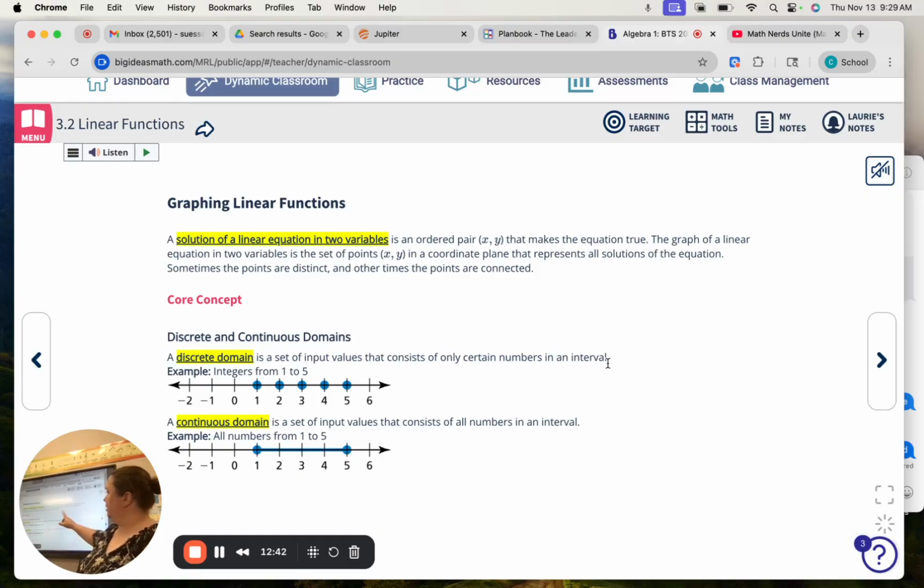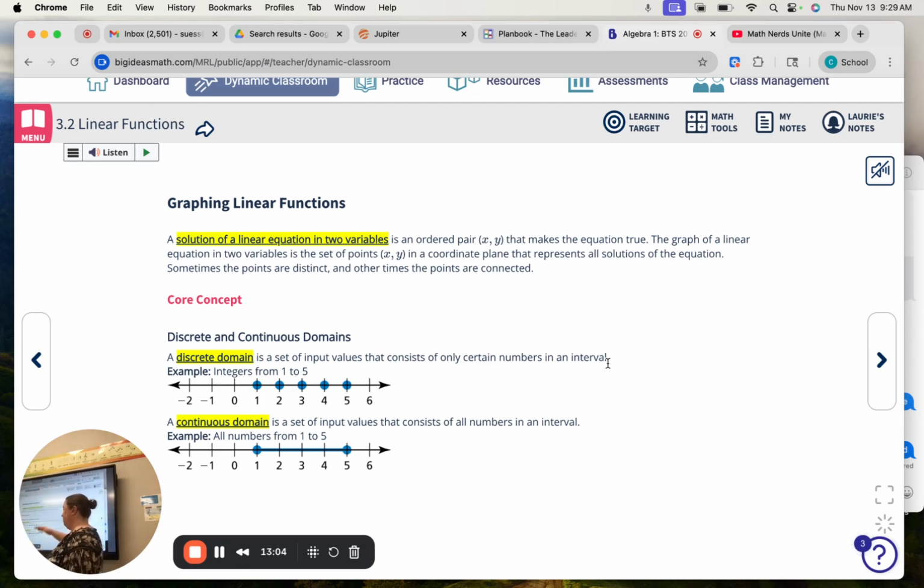So here's our discrete and continuous domain that I talked to you about at the beginning. Notice the discrete domain is a set of input values that are solid whole numbers. A continuous domain is everything in between, including the little half or 1/8 or 1/6 or whatever.